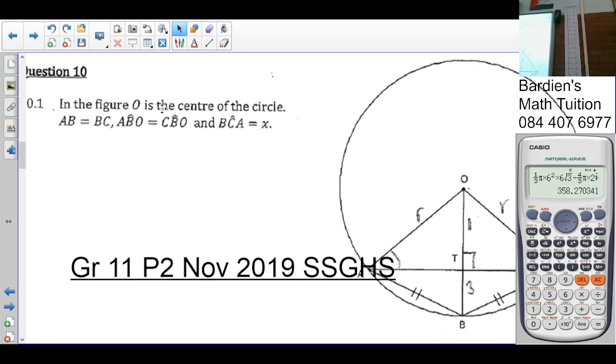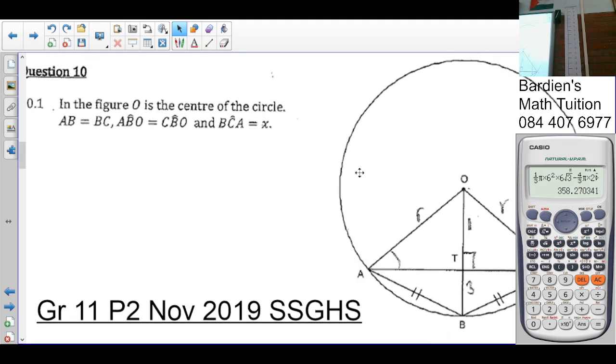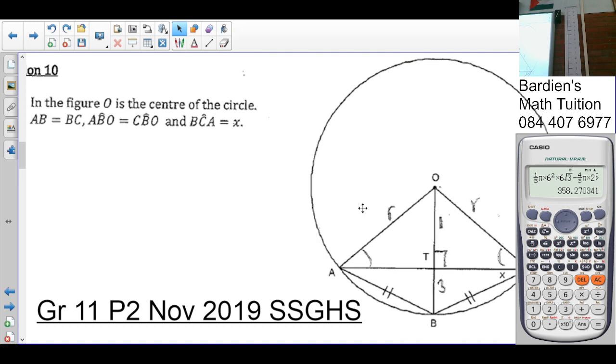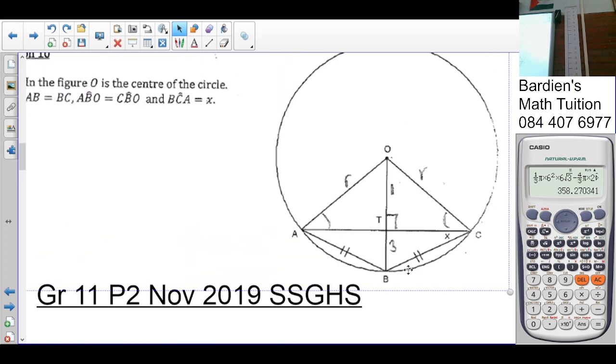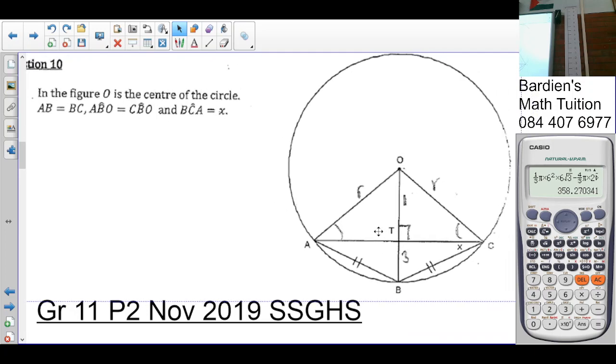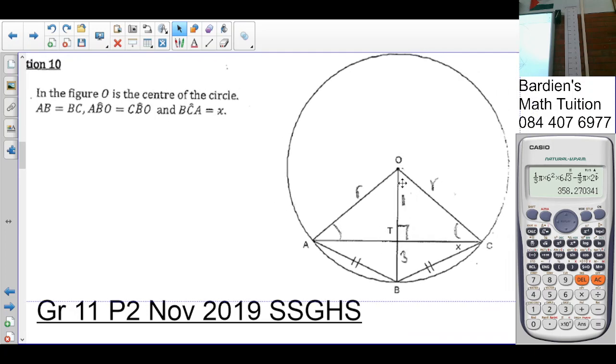Question 10. Question 10, we are told that in this figure, O is the center of the circle. Okay, let's reduce this a bit. Then we are told that AB is equal to BC. Which means to say that this angle here is equal to that angle there.